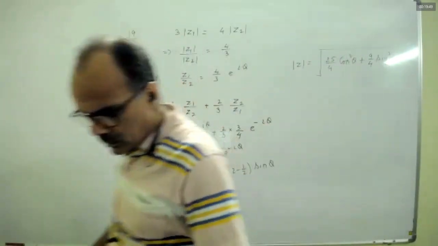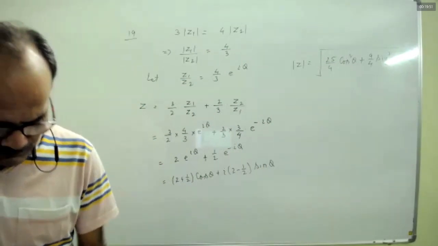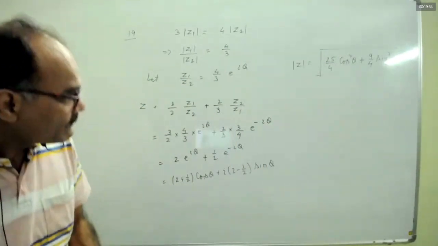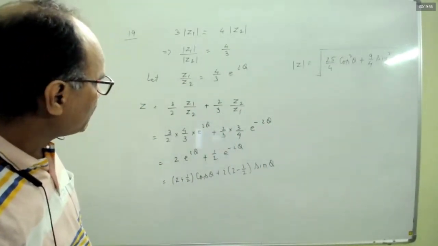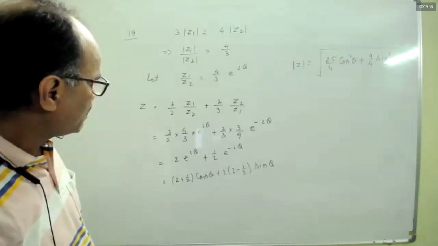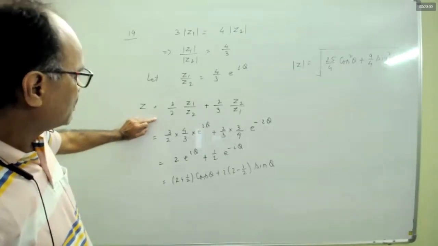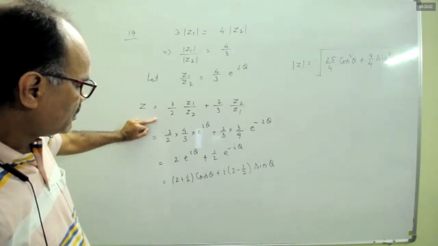Is there any calculation mistake anywhere? Sir, i square will be -1. Yes, no sir, minus square.